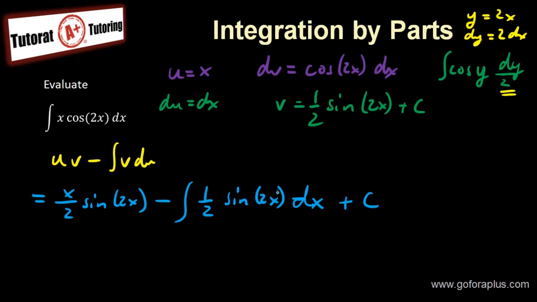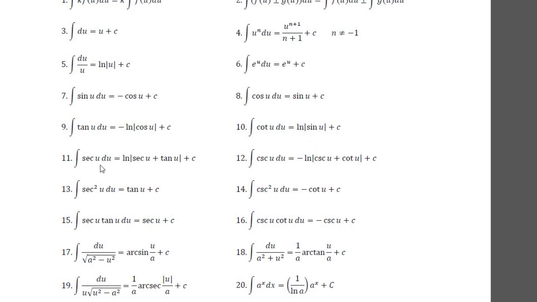Now this integral is basically similar to what we just did here. So if I again do y equals 2x, dy equals 2dx, I will have dy over 2 with my sine. Now the integral of sine is going to give you minus cos.